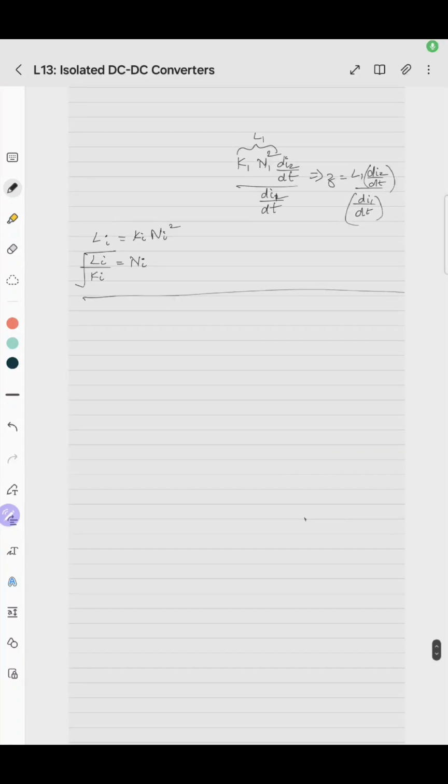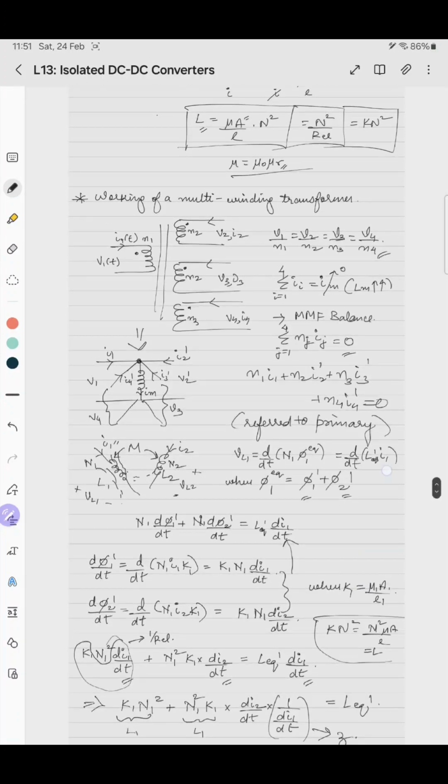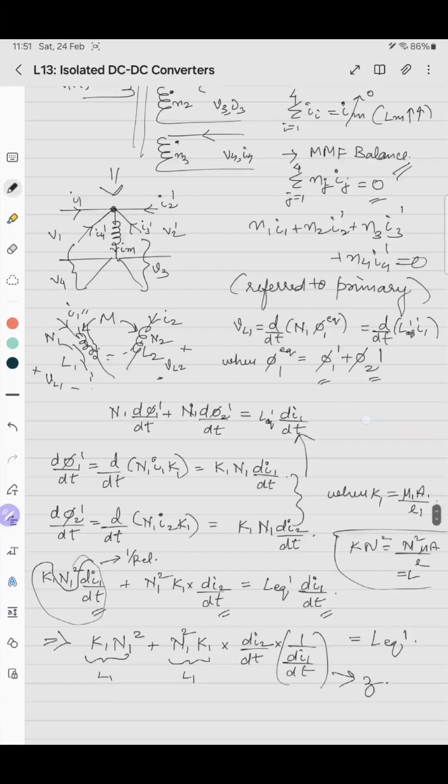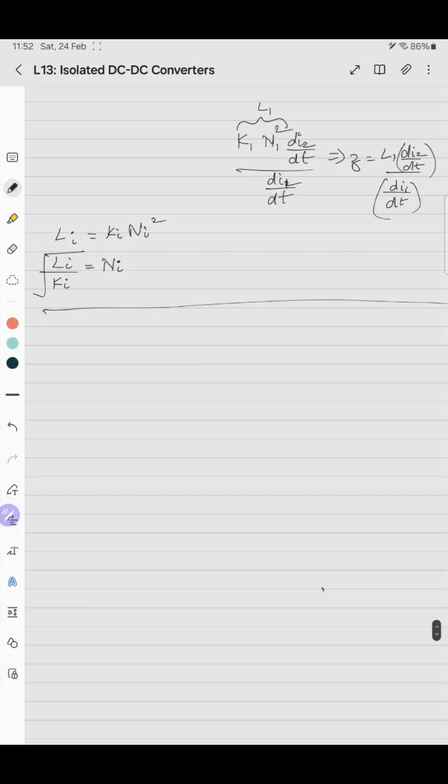Here we are discussing the working of a multi-winding transformer. We have multiple windings, and these are the relations. We are using the MMF balance: sigma n into I is 0. This is the case for an ideal transformer. For a practical transformer, we are giving a square wave excitation to the primary winding.